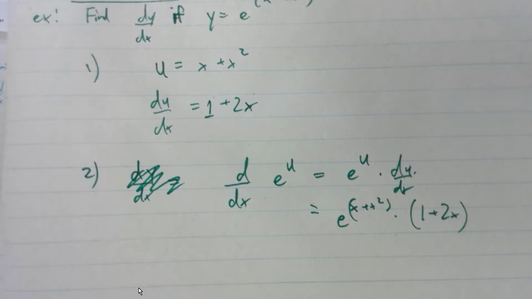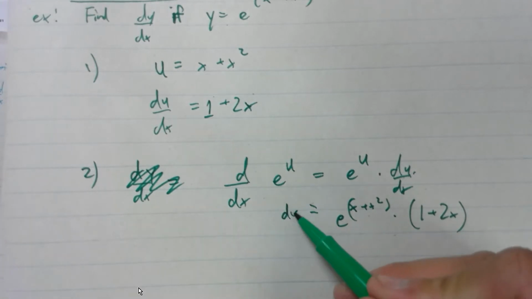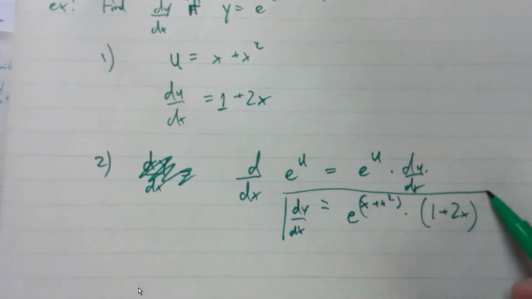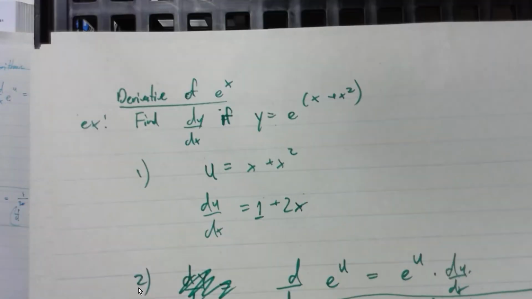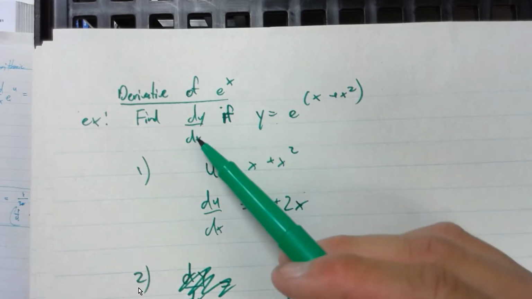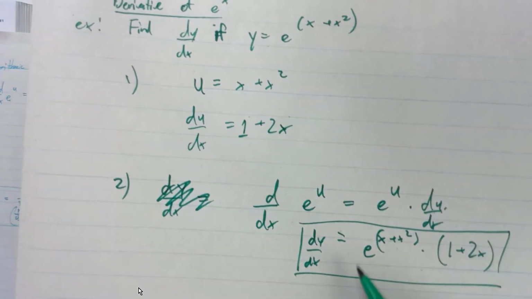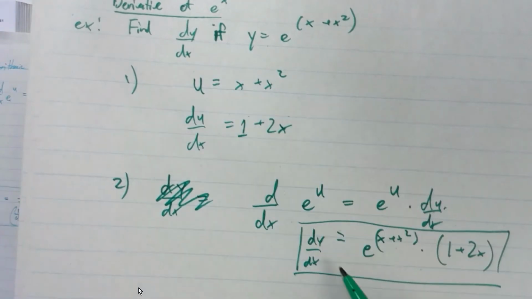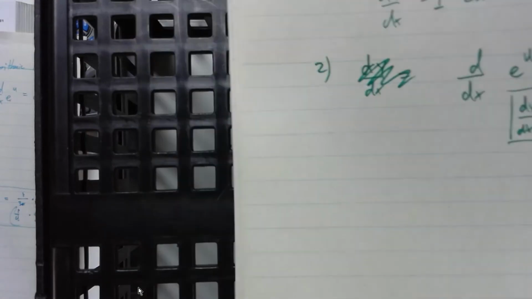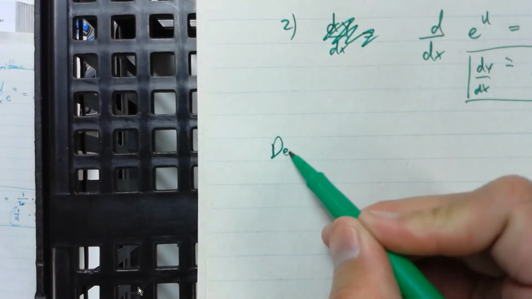So this is equivalent to dy over dx, just letting you know, because this is what y was equal to. dy over dx is equal to this. So the derivative of this whole guy is equal to dy over dx, and is essentially equal to all of this. Okay. All right.